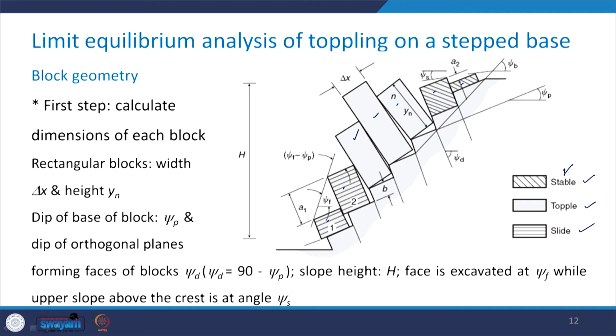First one is stable, like this with the inclined hashed portion. So, this and this block are stable. Then these three blocks which are next to these stable blocks have the tendency to topple, and the blocks which are even below these blocks which are experiencing the toppling will slide, and this has been represented by the hatching in this particular manner.